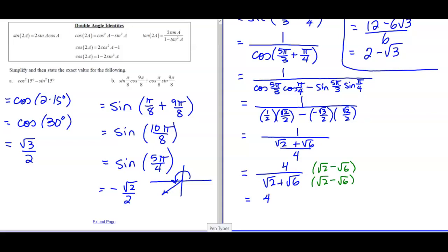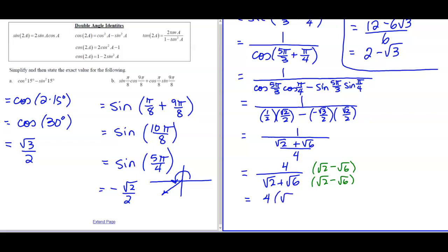Now, remember when you rationalize, you need to expand the brackets out, but I'm going to leave it in factored form because if you take a look at this, when you multiply these conjugates, you're going to get 2 minus 6, right? Which is negative 4, which is going to divide out. So why expand and then have to factor again?